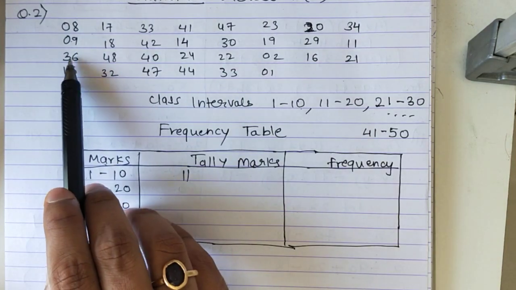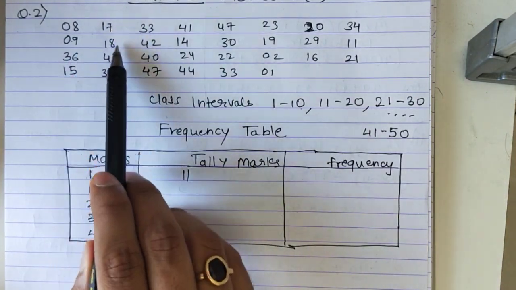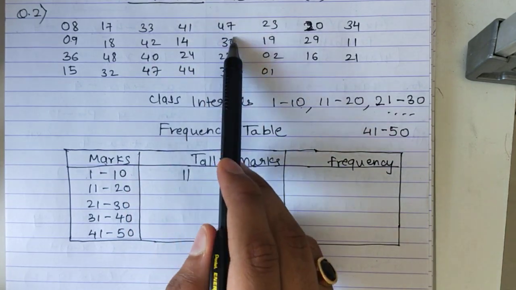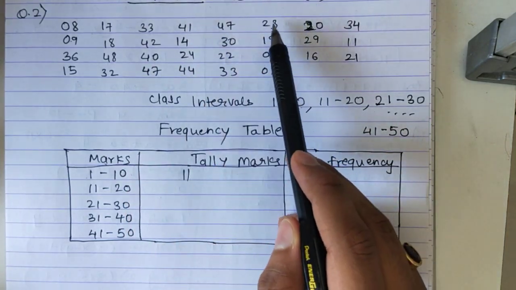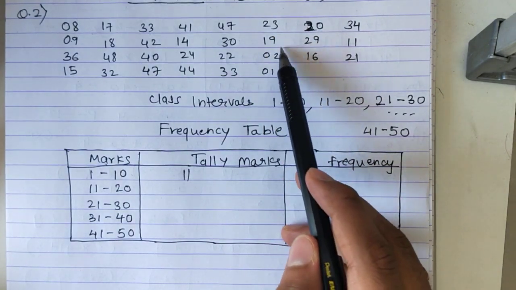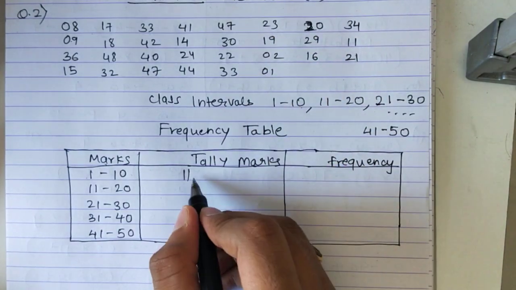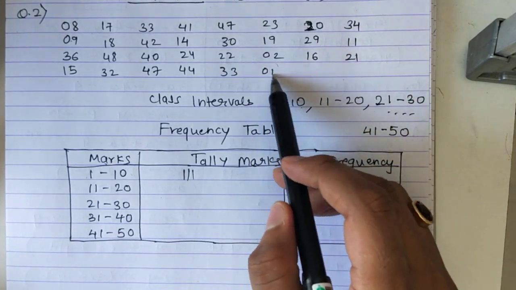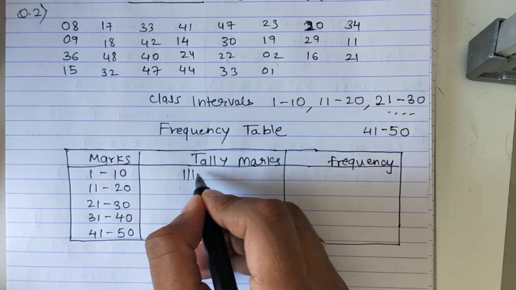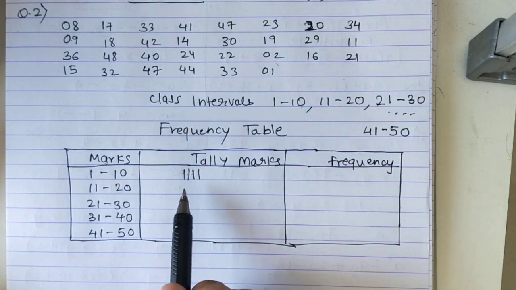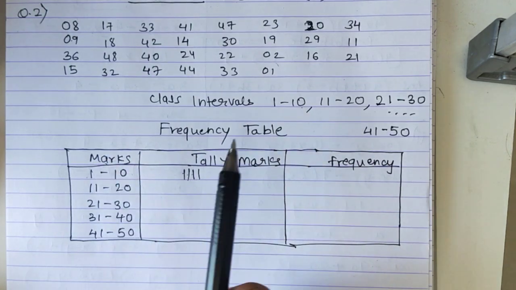Okay, then let's see, 36, 15, 17, 18, 32. These all numbers are greater than 10. Here I have 2. 2 is between 1 to 10. So I'll put one more line here. Okay. Then here 0, 1. Between 1 to 10. I'll put one more line here. So till now I have got 4 students who scored between 1 to 10.